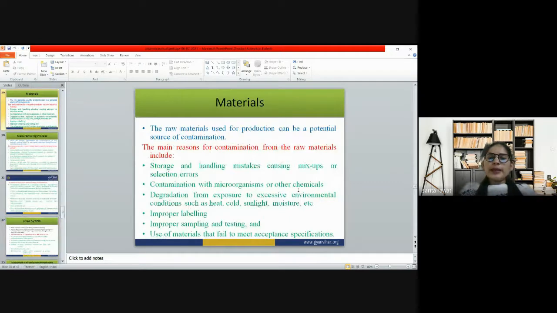Now coming to the materials as a spoilage source, the raw materials used for production can be a potential source of contamination.